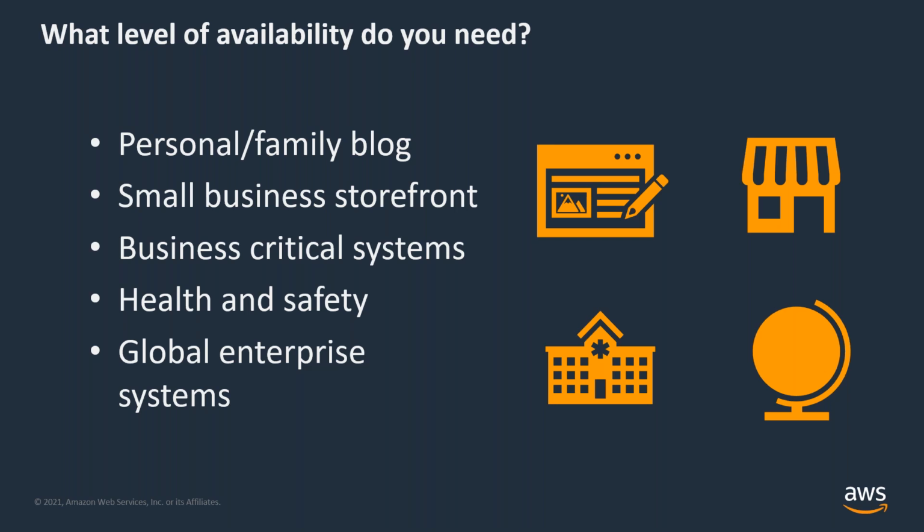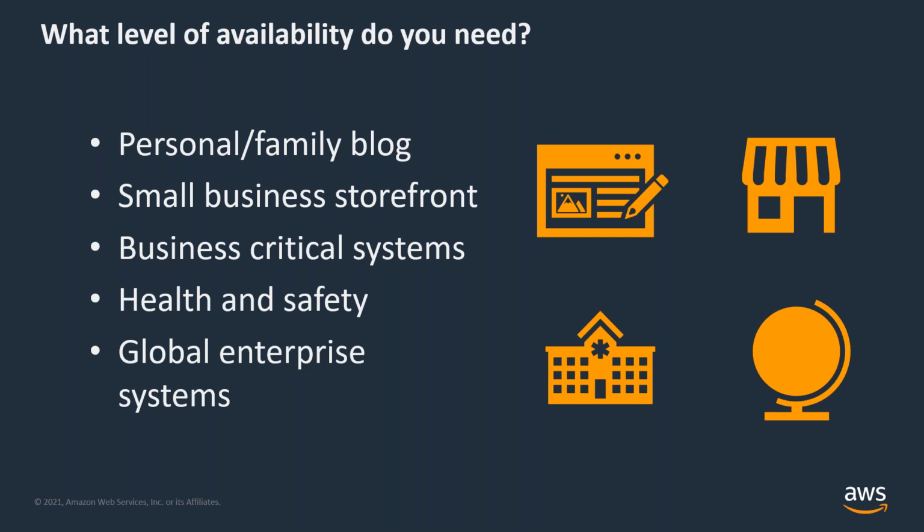If it's a personal family blog that you're running on WordPress, so maybe I'm hosting a family blog with images, then the amount of high availability that I need is probably not that great. I might be able to get by with 2 or 3 nines of availability. If it's down for a few hours, that's fine.